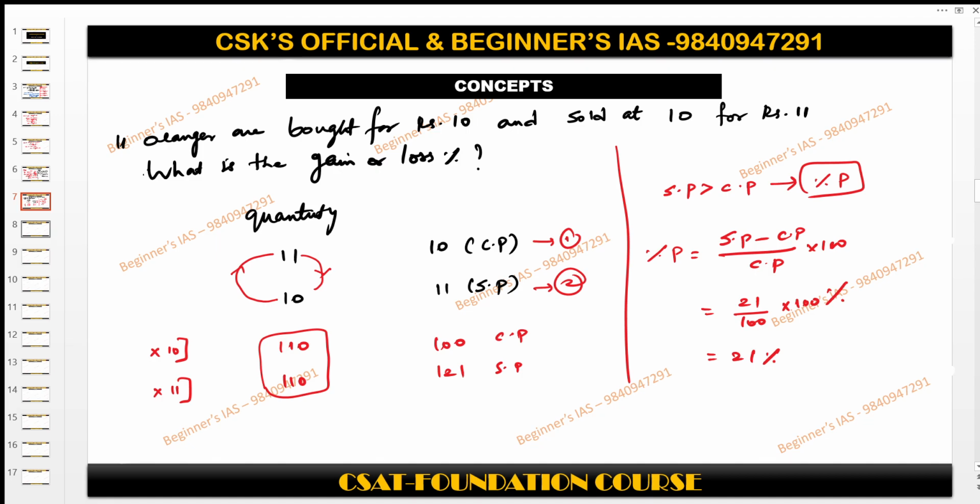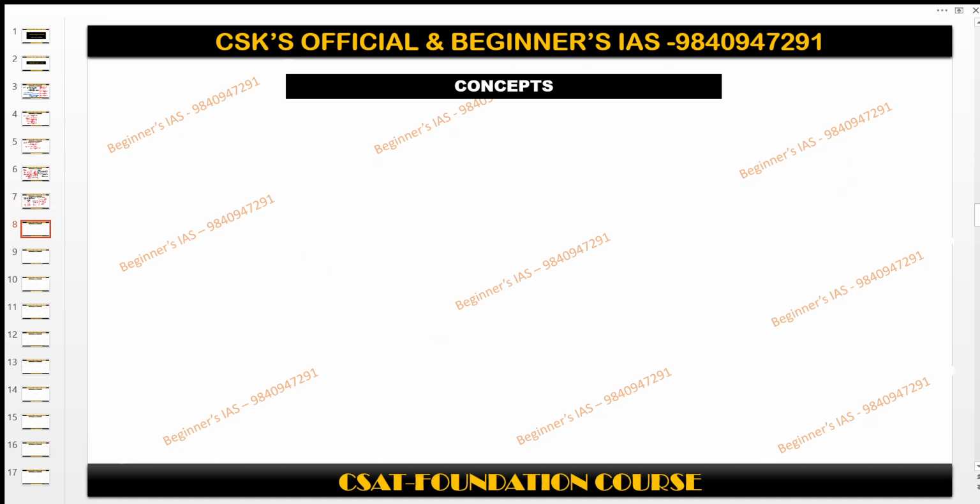So now I'll give you the next concept here. Now listen carefully. The cost price of some X article is equal to the selling price of Y article.